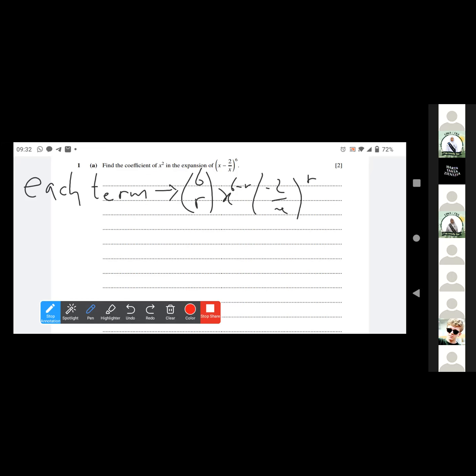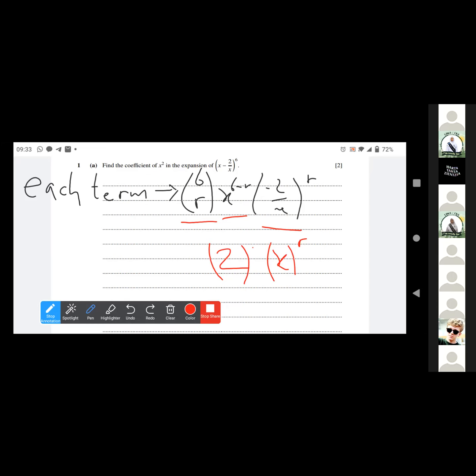The first one is just a number, but now the second and the third factors will contribute to x, because we have x to the power of something and 2 over x to the power of something. So x is not just 2, unlike before. In the previous question we wanted x to the power of 3, so r was simply 3, because the form was 2 to some power times x to the power of r. Now it is not like that, because both factors have x, so we have to be more careful.